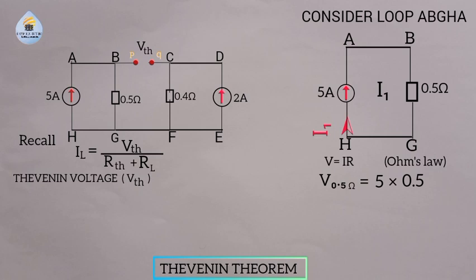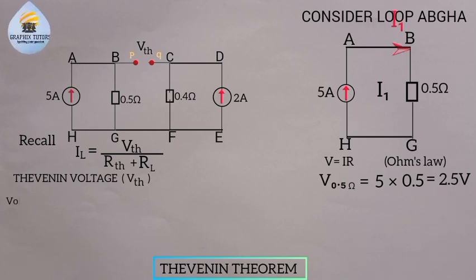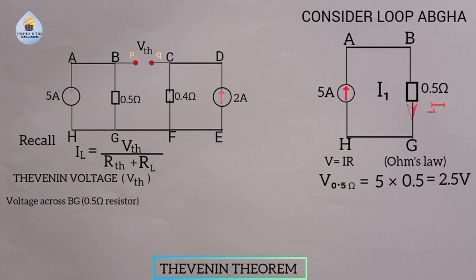So 5 times 0.5 will give us 2.5 volts. So we've gotten the voltage drop across the 0.5 ohm resistor.